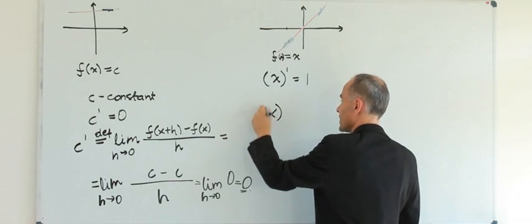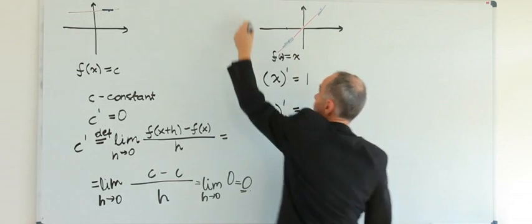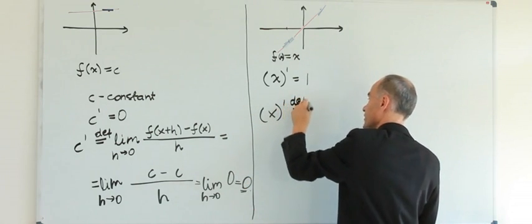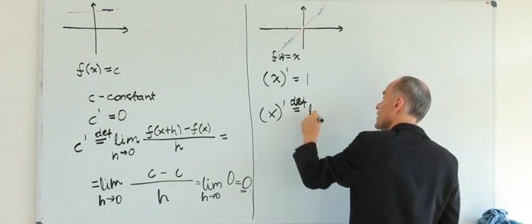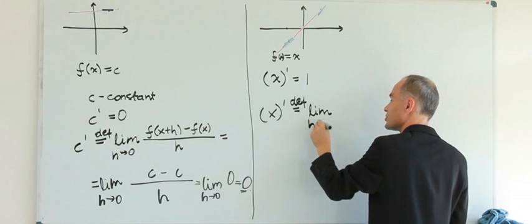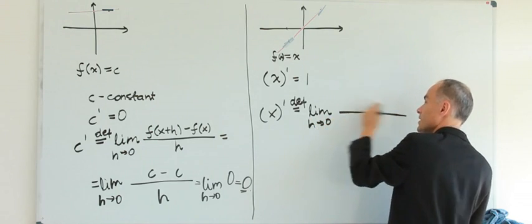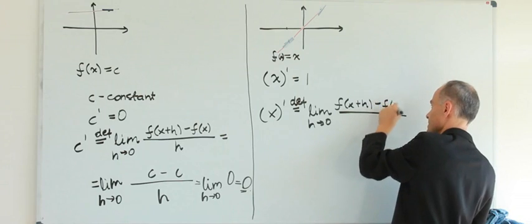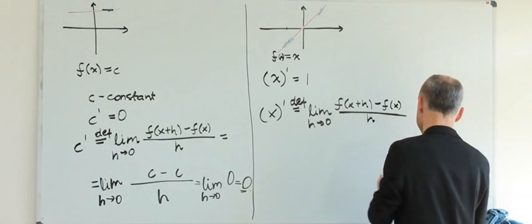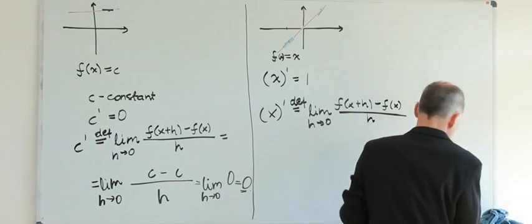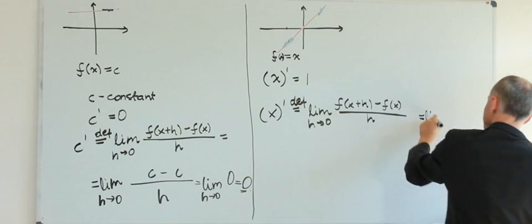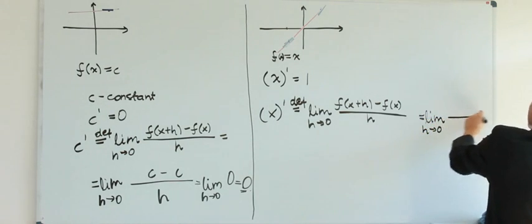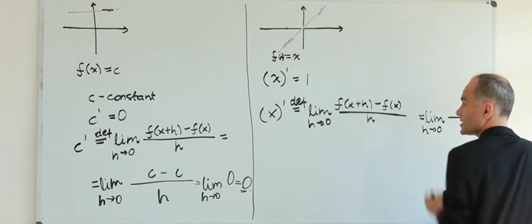So the derivative of x by definition of the derivative function is the limit as h goes to 0 of f of x plus h minus f of x divided by h. What's f of x plus h?